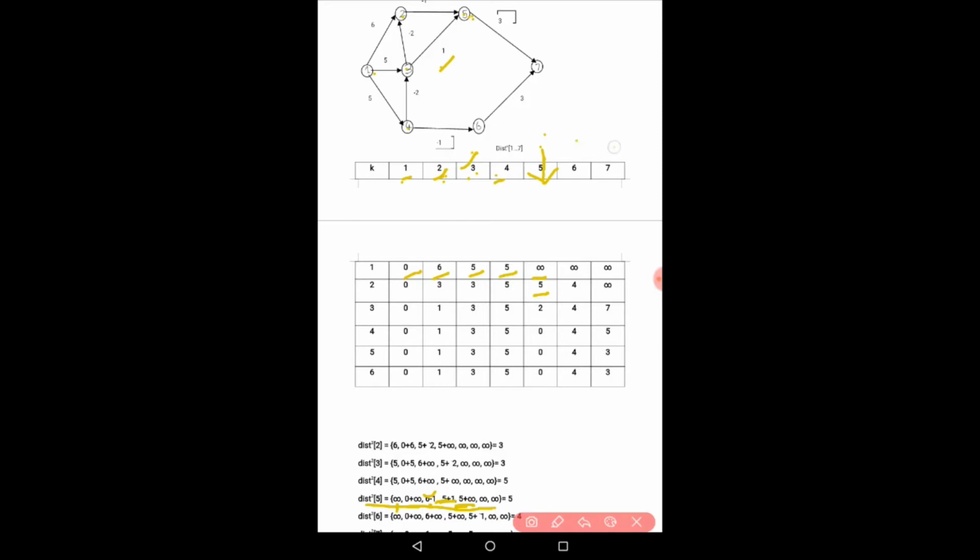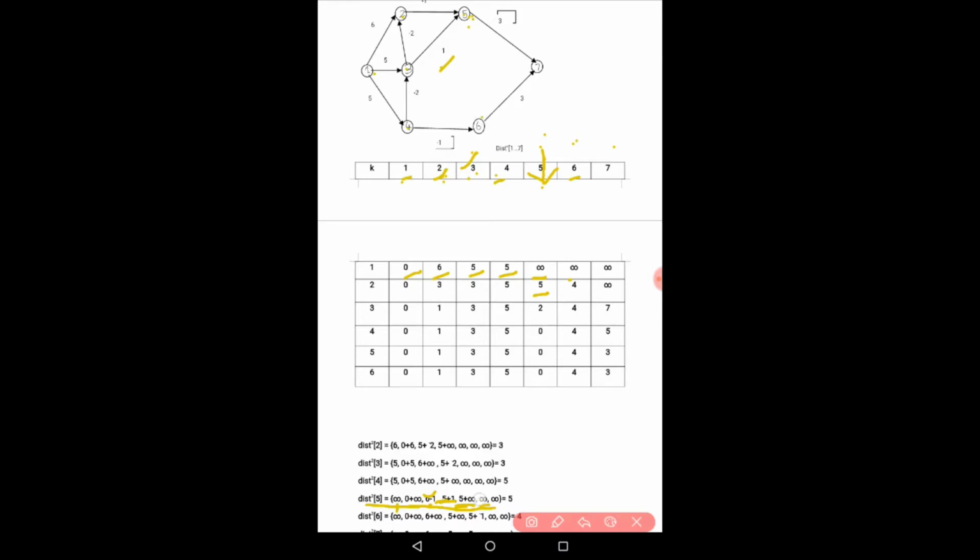Then 6 and 7 also I had to write. So 6, what is the previous value? Previous value is infinity. So 6, the previous value is infinity, plus from current node 5 to 6, again there is no direct distance, infinity.